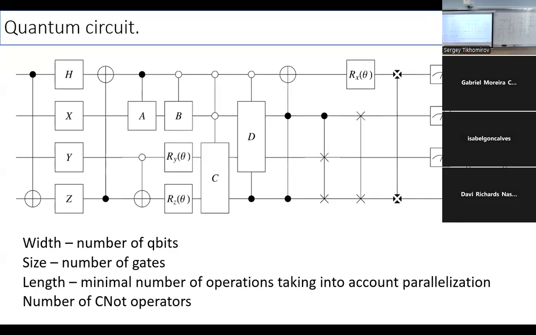Before I go to concrete schemes, a boring part, what is a quantum circuit? A quantum circuit is a picture like this. I have qubits with corresponding lines to them, and I put gates on them. This is a notation.